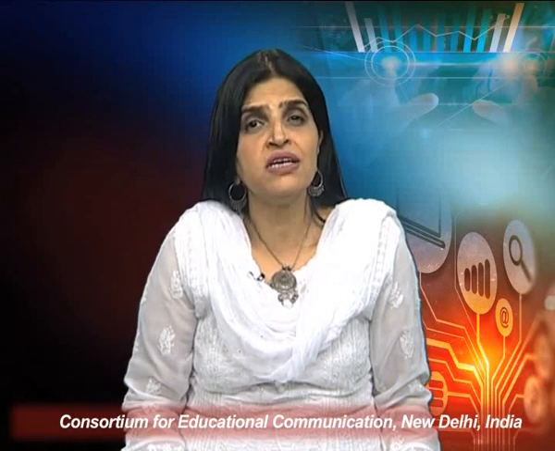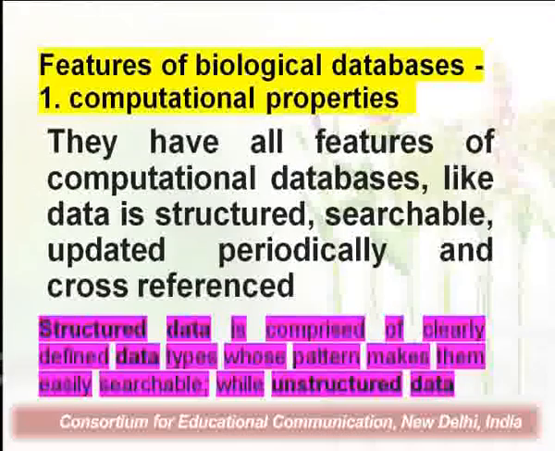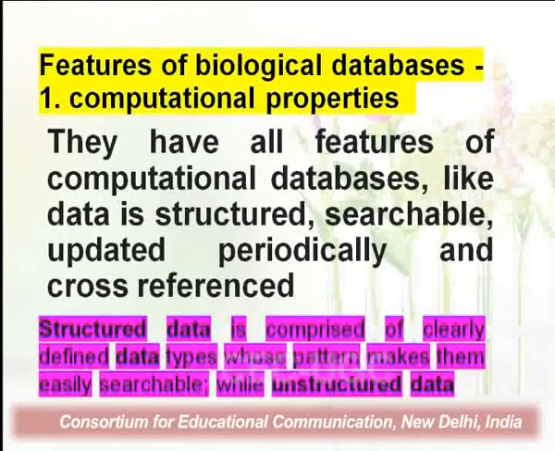The first one is that they are truly computational databases, meaning they have all the properties of computational databases. That means they have structured data, they are searchable, they are updated periodically, and they are cross referenced. The structured data makes it the most important and specialized feature. What is structured data?